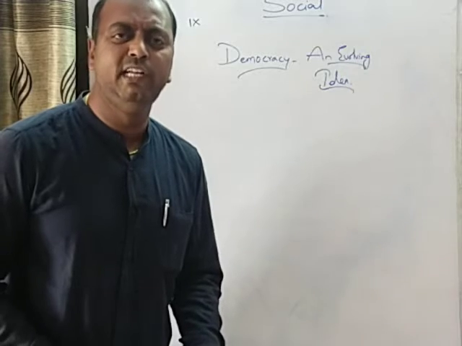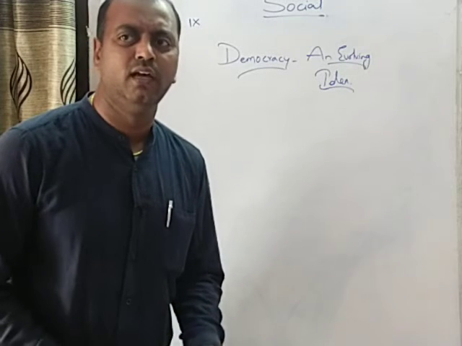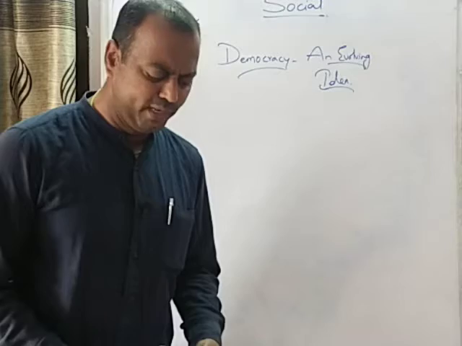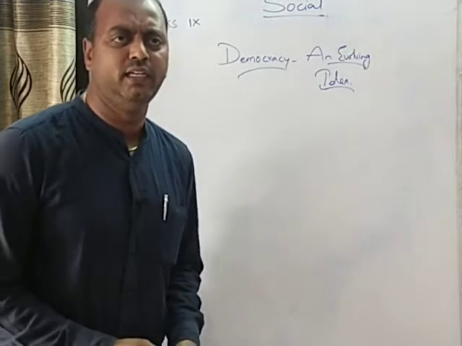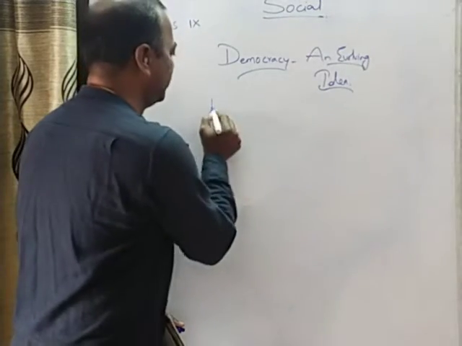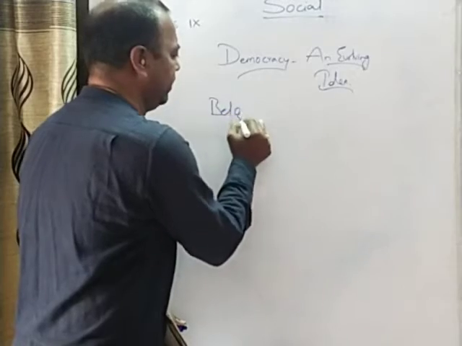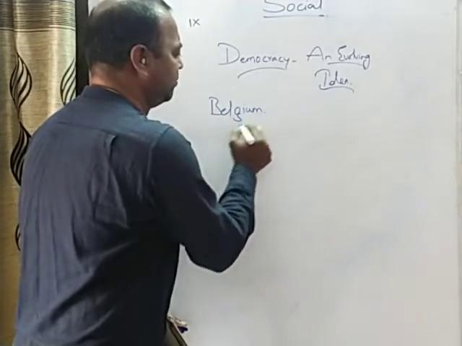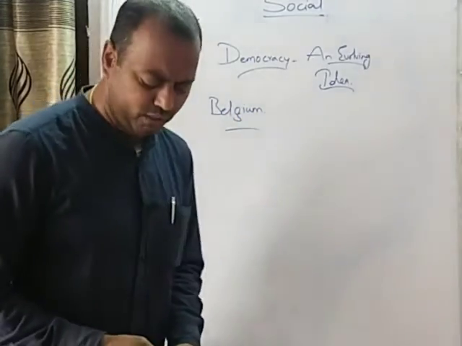And the issue of Belgium and Sri Lanka we were talking about in the last session. Belgium is a small country. I share with you today the story of Belgium first. Belgium is a small country in Europe.